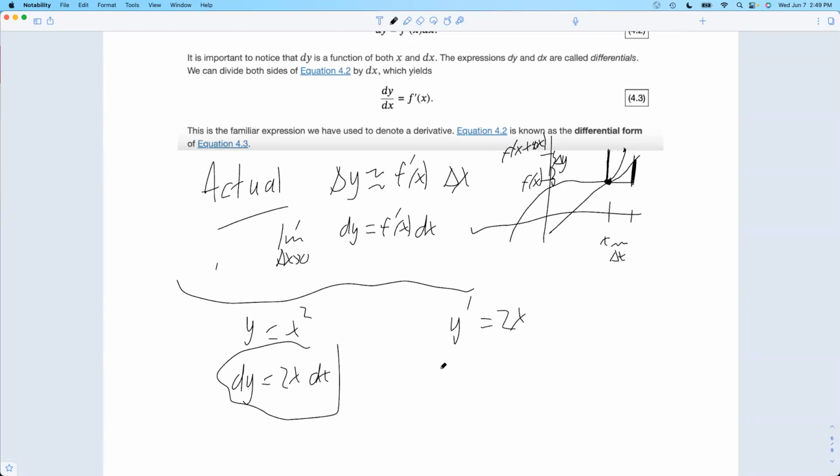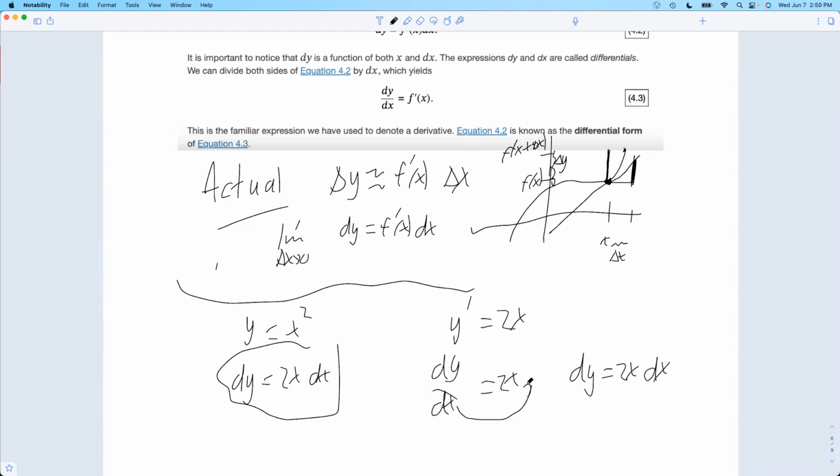Well, what's another name for y prime? dy/dx. That's just taking the derivative, right? And then kind of pretending like you've pulled this dx up here.